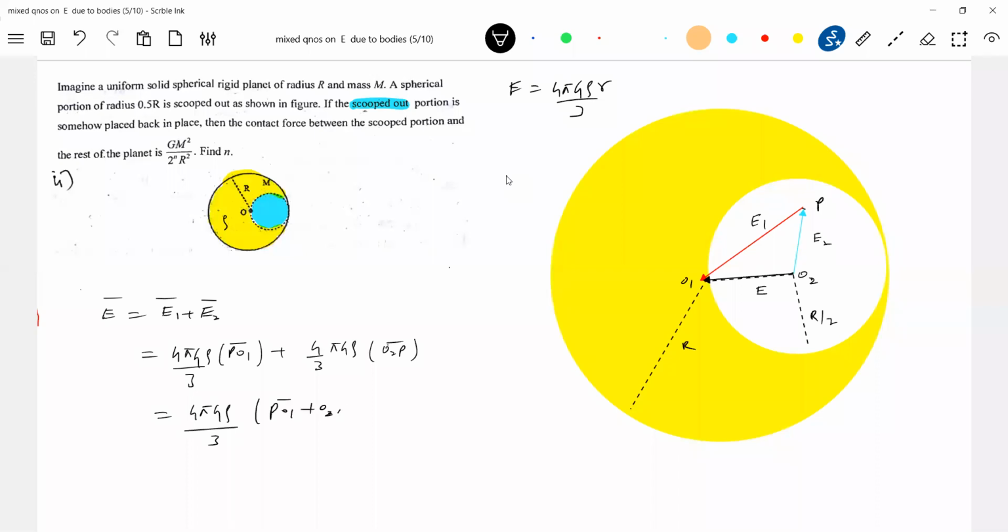Plus PO1 bar plus O2 bar. So this should be equal to how much? O2 O1 bar. Can you remember, yesterday we concluded till here.